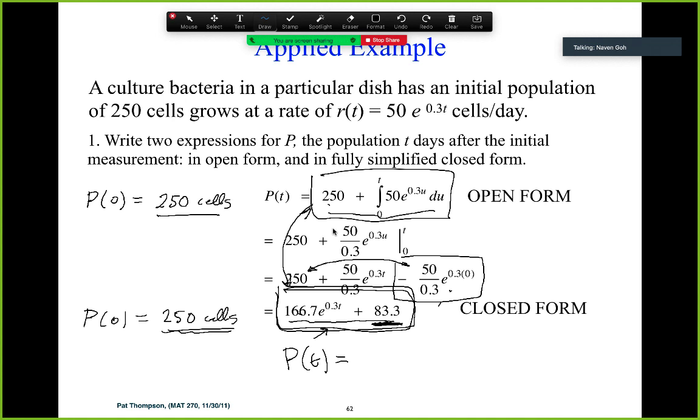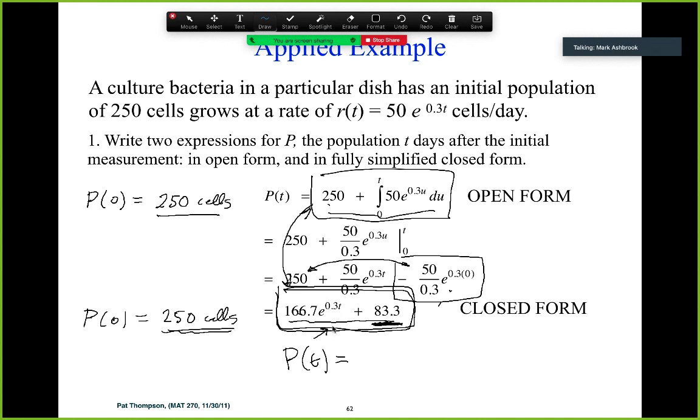So to clarify, the constant c is not always the initial value. You're better off substituting in 0 in the closed form and seeing what value you get, instead of automatically assuming it's 83.3. Is that correct? Yes.